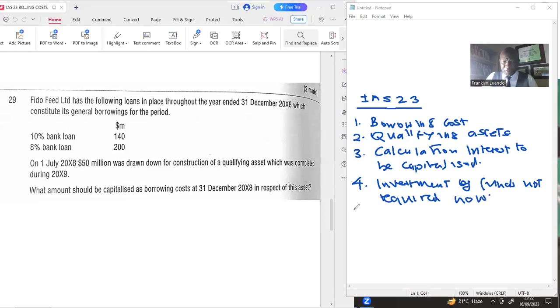We'll also be looking at cessation of capitalization.